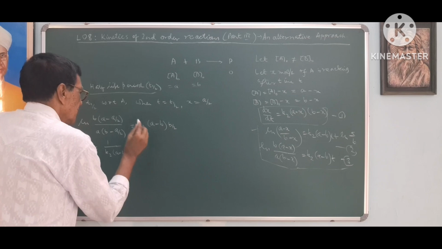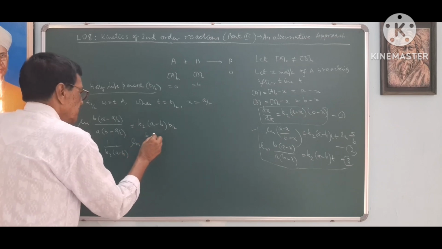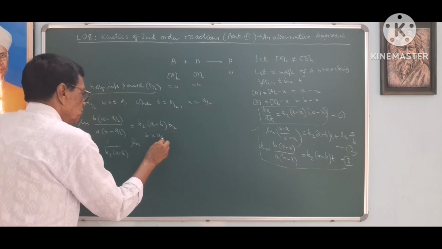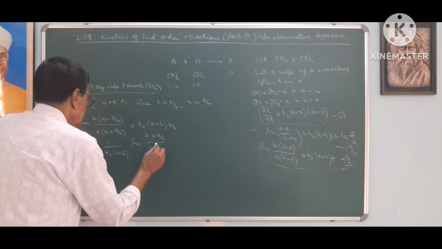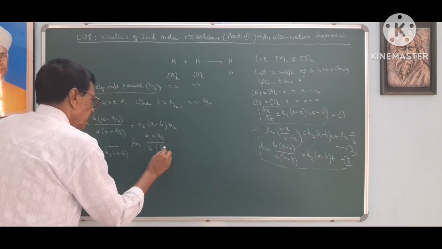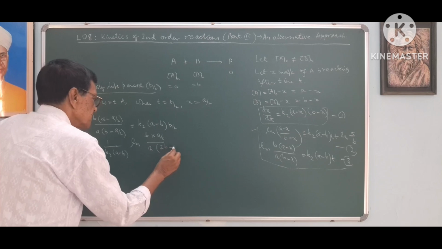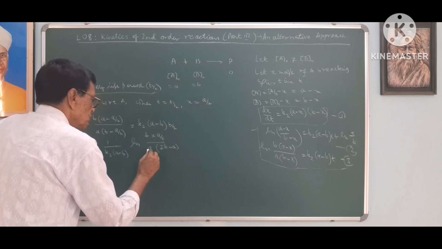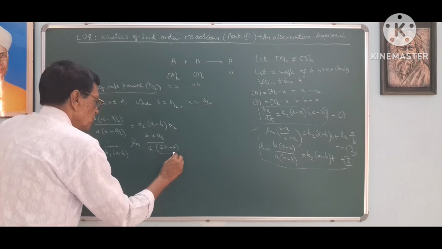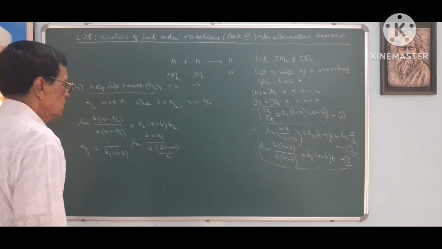B into A by 2, divided by A into twice B minus A by 2.